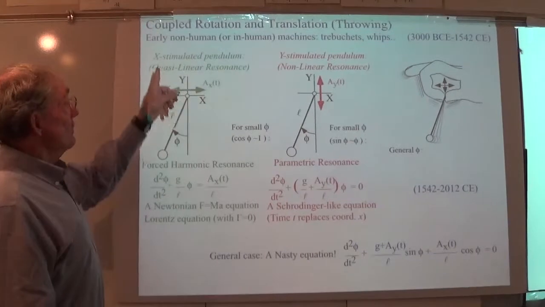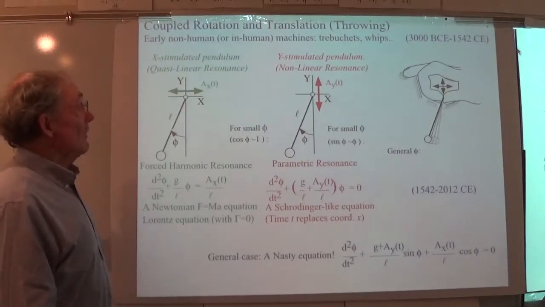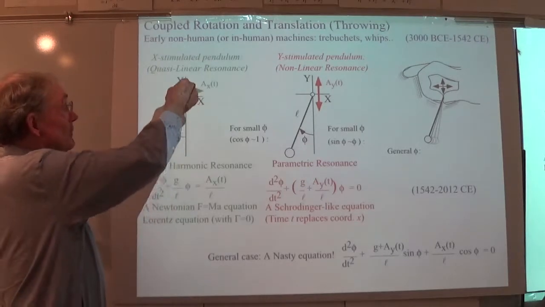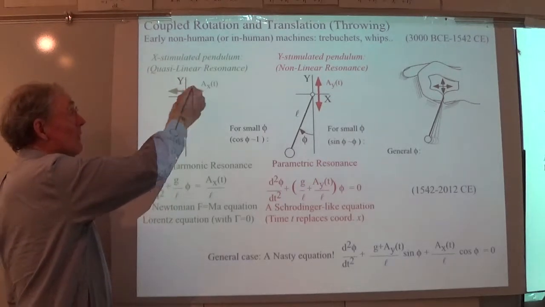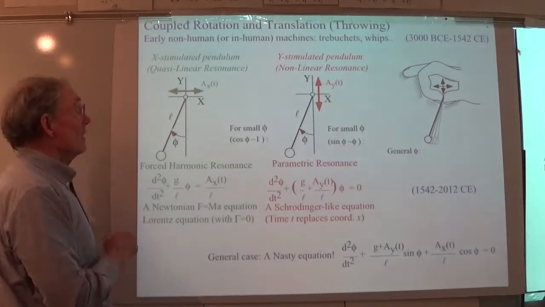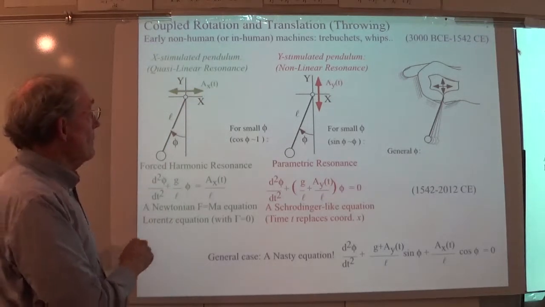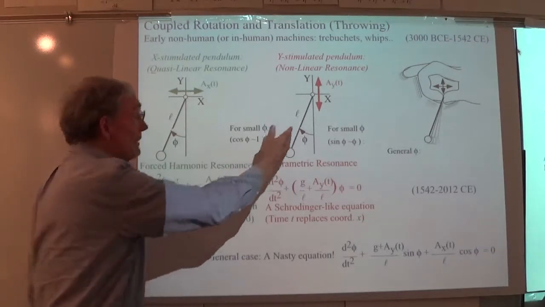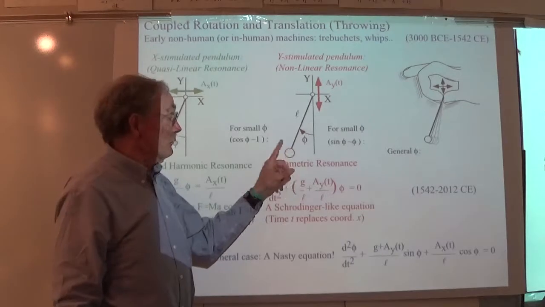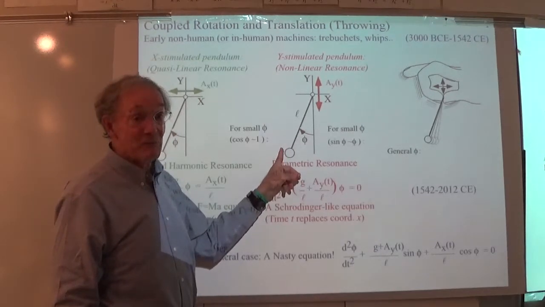Now the X-stimulated pendulum, that's what we've studied already. And basically what you're doing here is you're just shifting the thing back and forth in the direction perpendicular to the gravity field. But here, by jerking it up and down, you're changing the gravity field for whoever's riding on this little cart here.